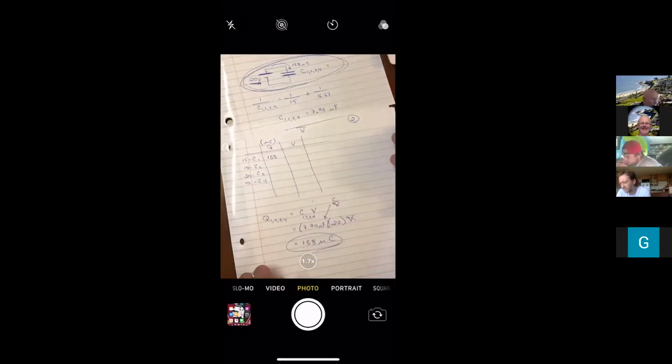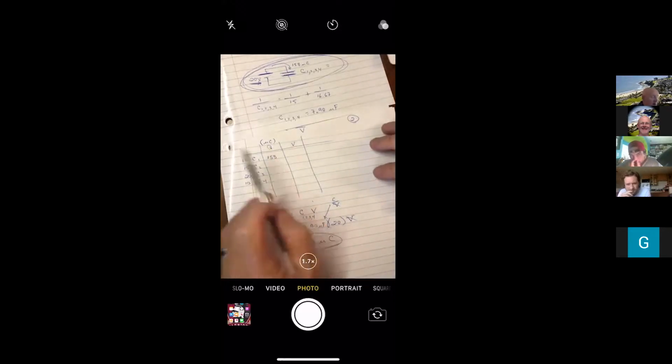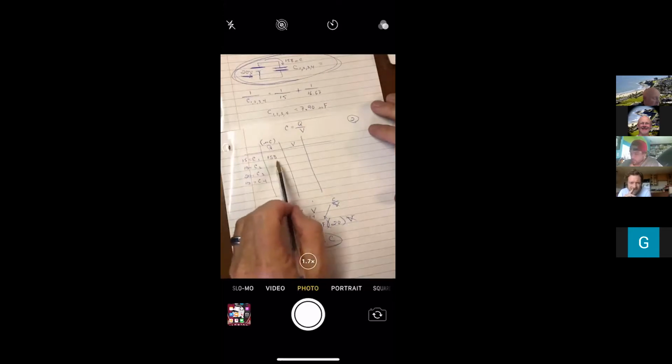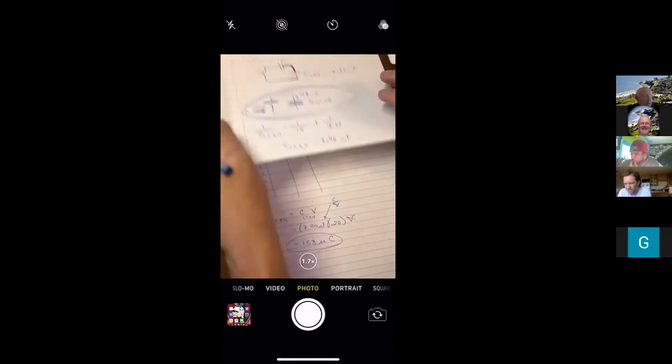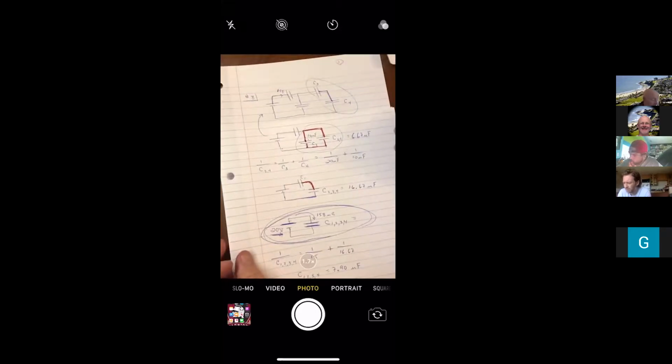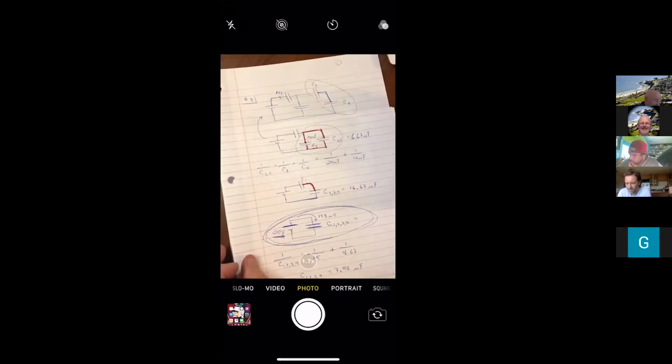So, I would say so far it has helped me figure out the charge on capacitor number 1. But watch this, I think this could be somewhat useful.